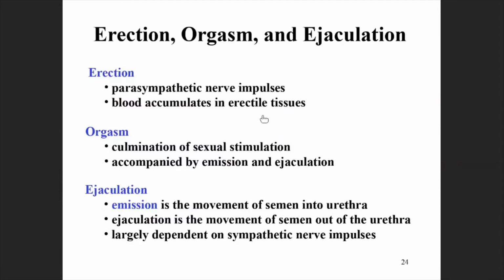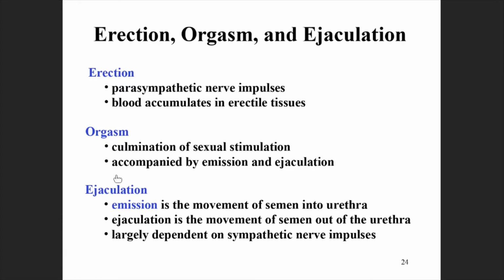All right. So erection, orgasm, and ejaculation: erection is mediated by the parasympathetic nervous system. Okay. It causes nitric oxide to be released, blood vessels dilate, those tissues will engorge with blood and will stand erect. Okay. And then with continuous stimulation, particularly at the glans of the penis, the man will be excited and reaches a point we call an orgasm.